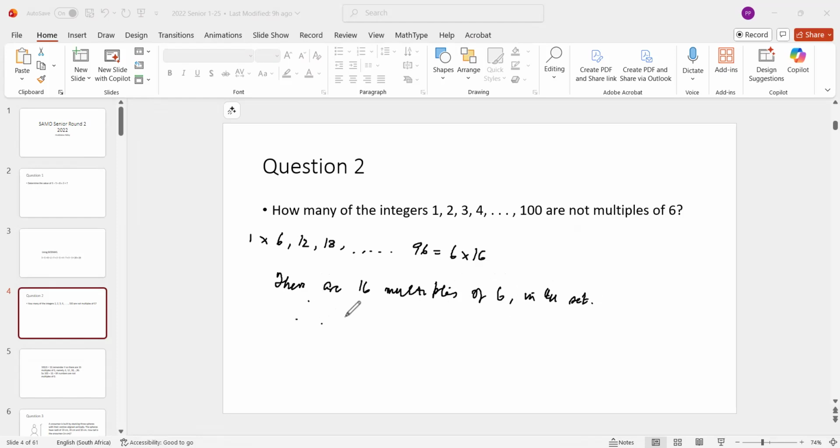Therefore, the set has got 100 elements. So the number of non-multiples is 100 minus 16.